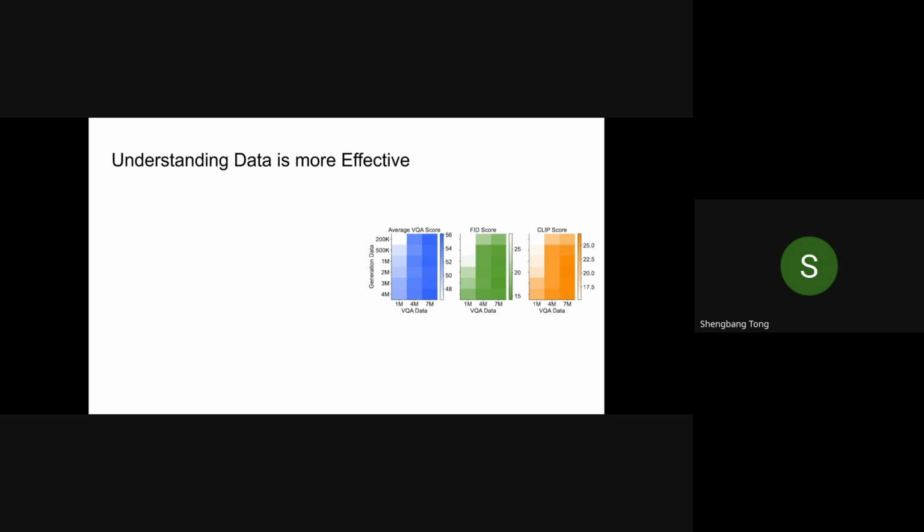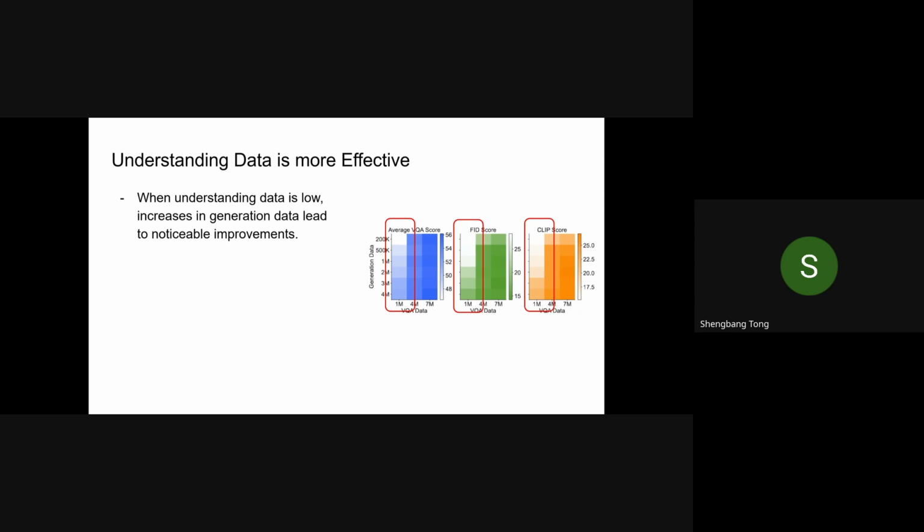So the x-axis is if you increase the amount of understanding data. The y-axis is what if you increase the amount of generation data. And the intensity of the color bar means the better performance.